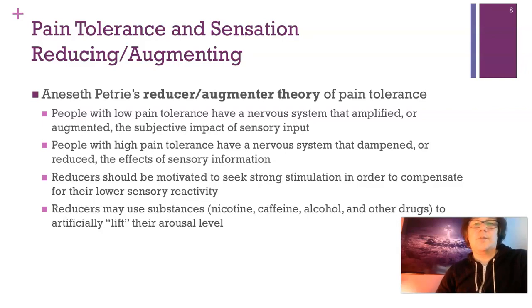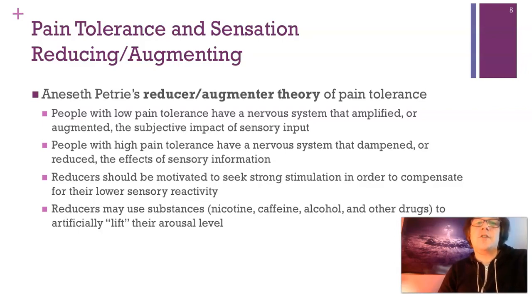So we can take a look at some of the results that this line of research has found. And people with low pain tolerance, again, this is part of the theory here, have a nervous system that is amplified or augmented, and people with a high pain tolerance have a sensory system that's dampened or reduced.